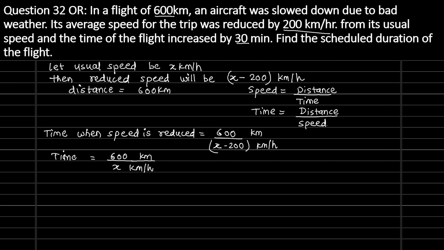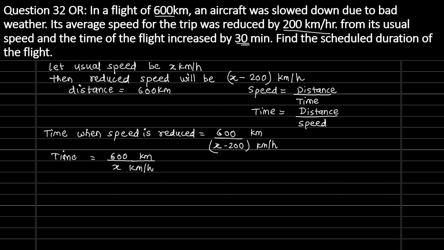Now, we have been given that the time of the flight is increased by 30 minutes, right? If we have to convert these minutes into hours, we divide 30 by 60. Definitely, when the speed is reduced, the time taken would be more.